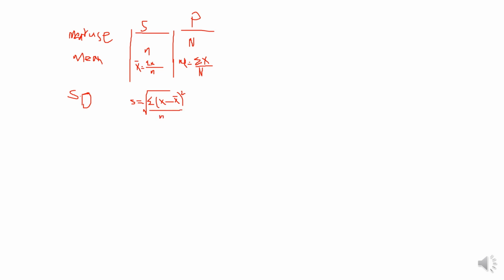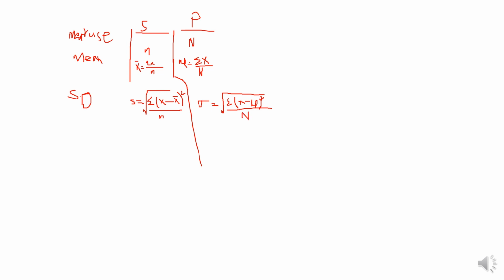So this is for the sample. And for the parameter or the population, we use the standard deviation formula in this way: sigma equals the square root of summation of x minus mu, whole square, divided by capital N.